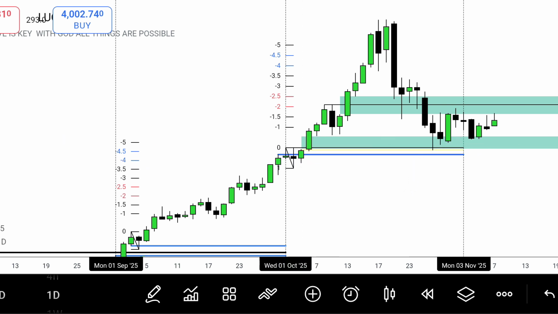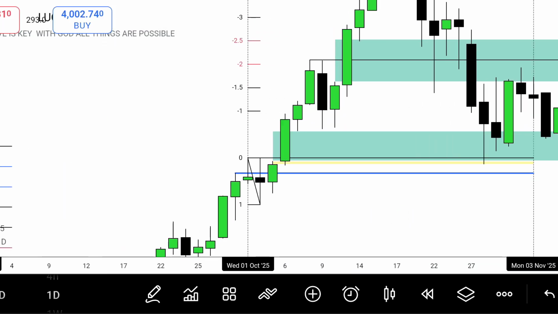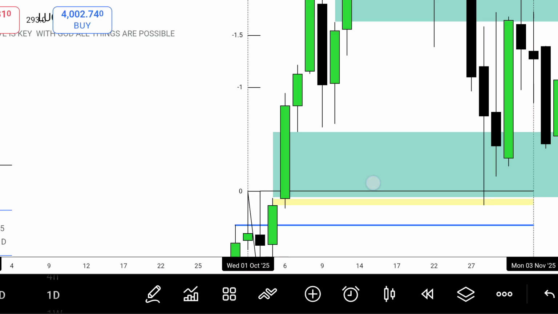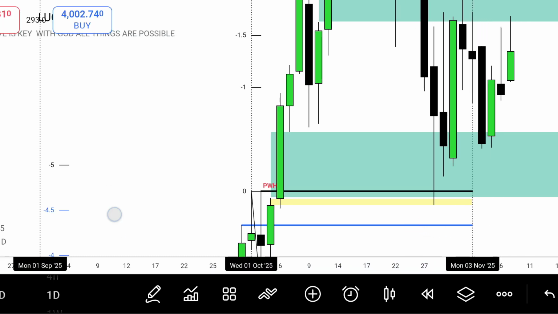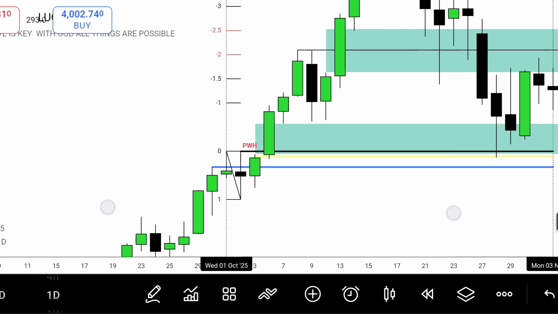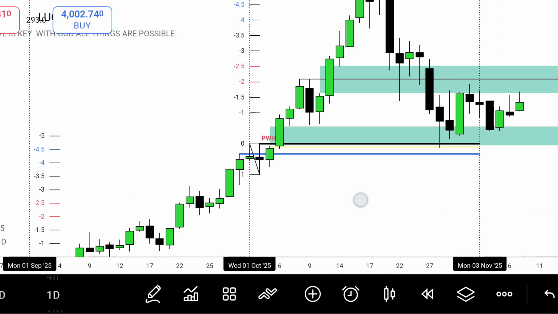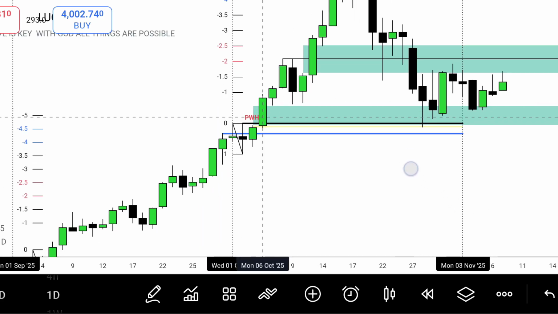Where did this green fair value gap form through? It formed through this high here, stated in black. It's a PWH, previous week's high. That's where this fair value gap formed.